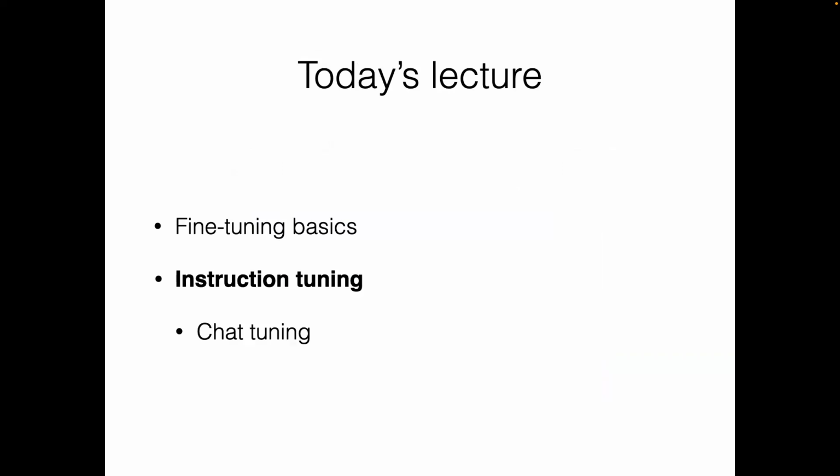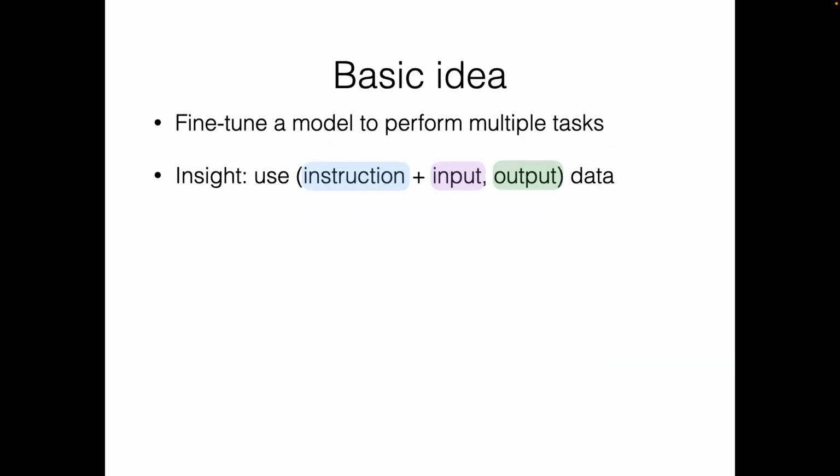Okay, so let me go to the second topic. We might not be able to get through all three today. Here we want to train a model for instruction following. Again, we don't want a model that's just specialized to one task. We want it to perform multiple tasks.